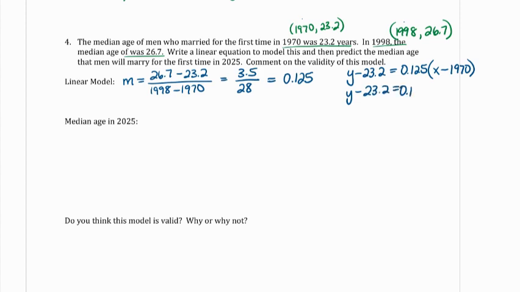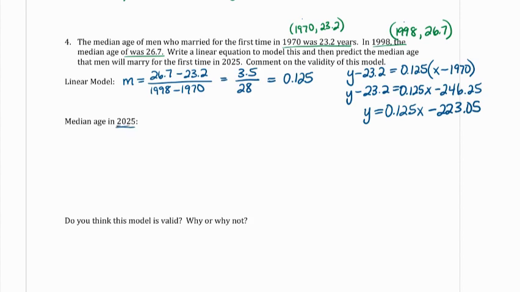So we get 0.125x, and then that times 1970 is 246.25. That's a negative. And then we're going to add over our 23.2. So we'll get y equals 0.125x, and then that plus 23.2 minus 246.25, which is minus 223.05.